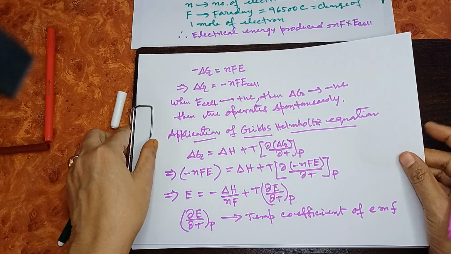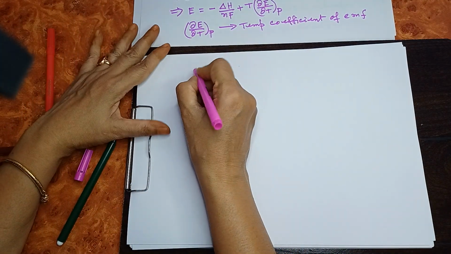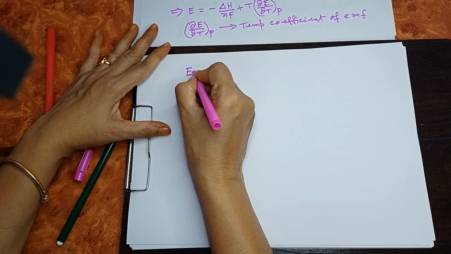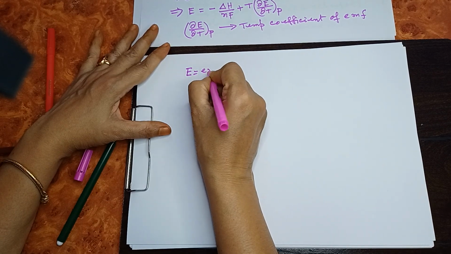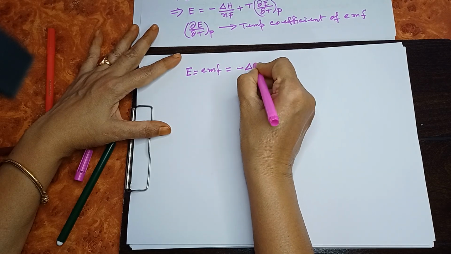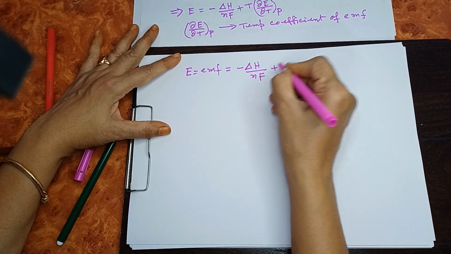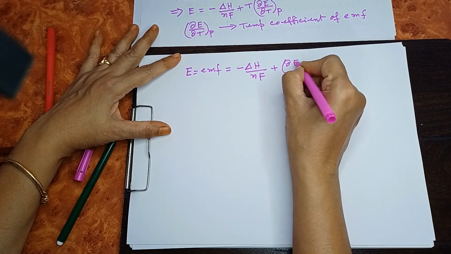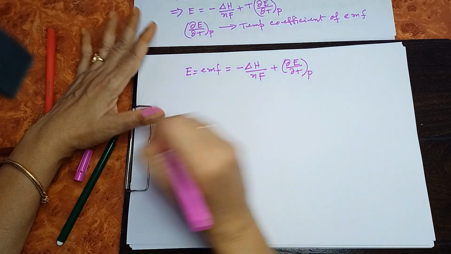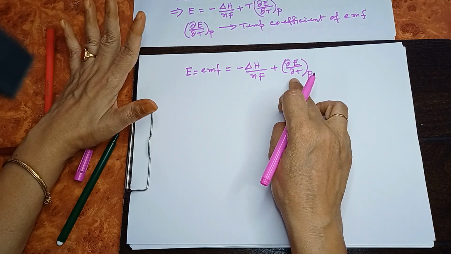So what we found is that E cell or EMF is equal to minus delta H by NF plus ∂E by ∂T at constant pressure. And this term is the temperature coefficient of EMF.